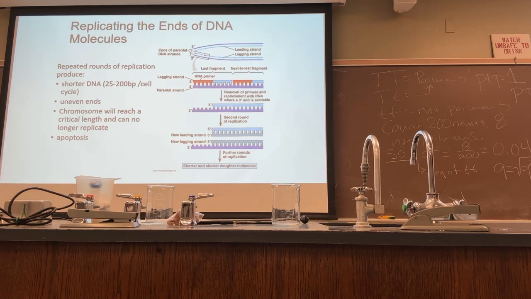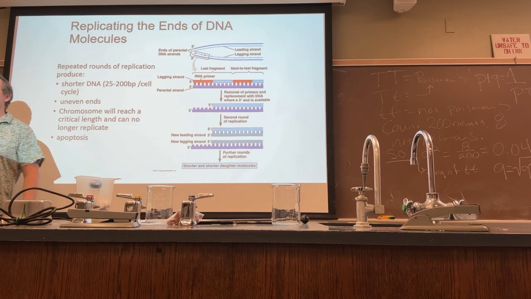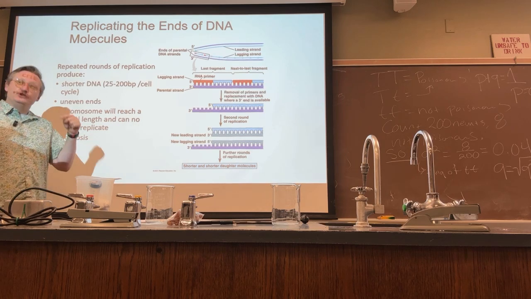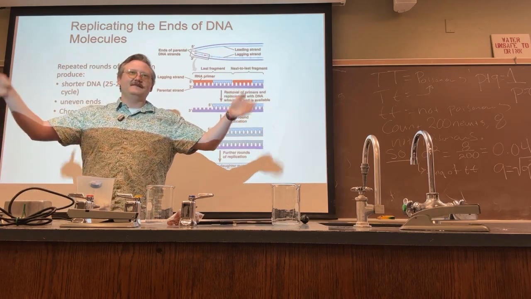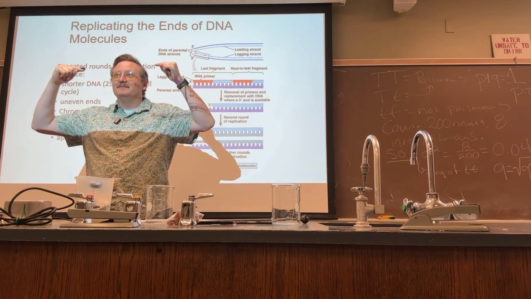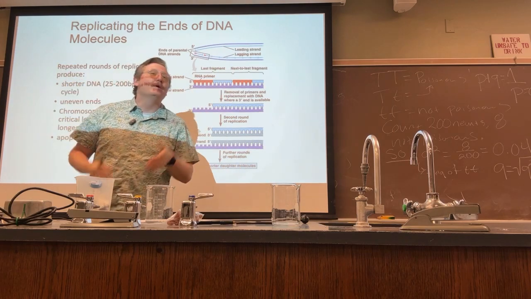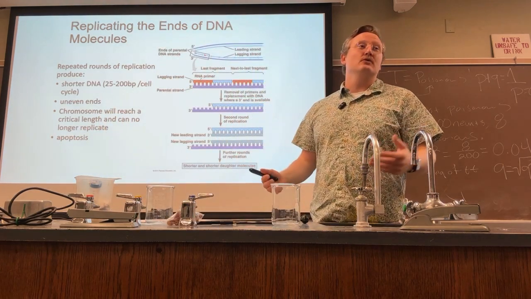Now, there are organisms that get around this by having a special enzyme that adds new nucleotides. We have genes for them, and we express them in our germ cells so that gametes always have full-length chromosomes even if the germ cells are dividing. But we don't express them in our other tissues. One of the reasons is this prevents cells from dividing out of control.